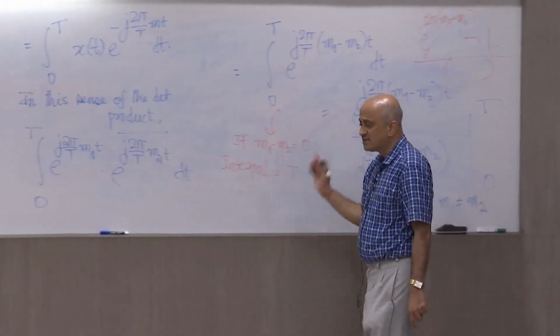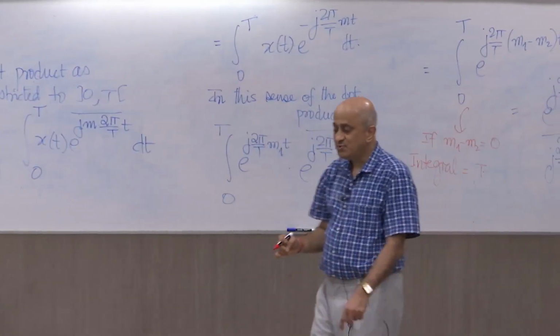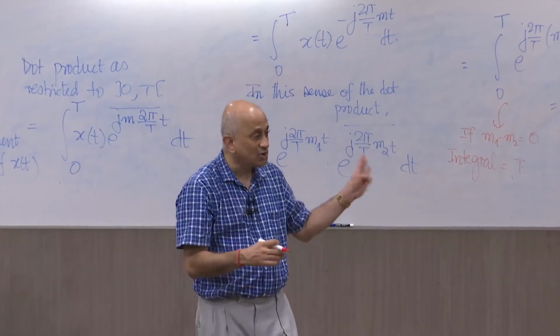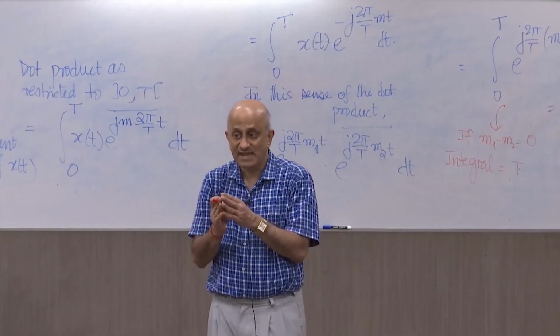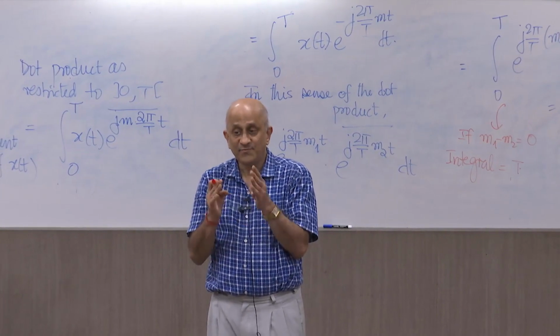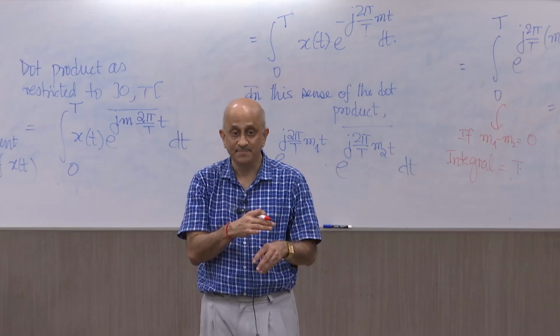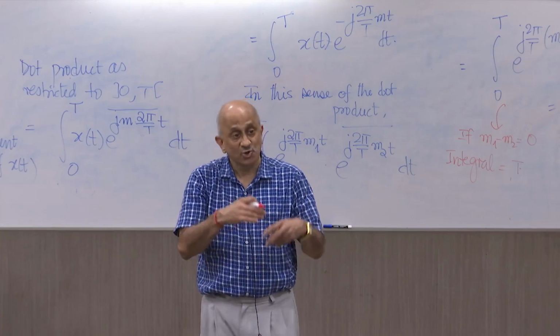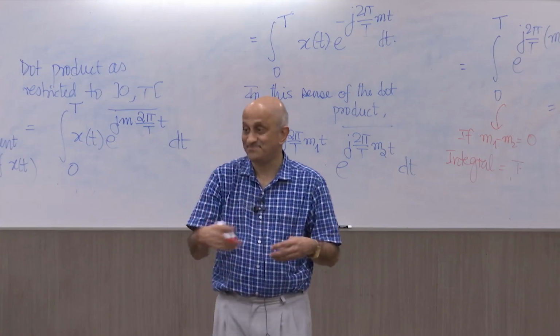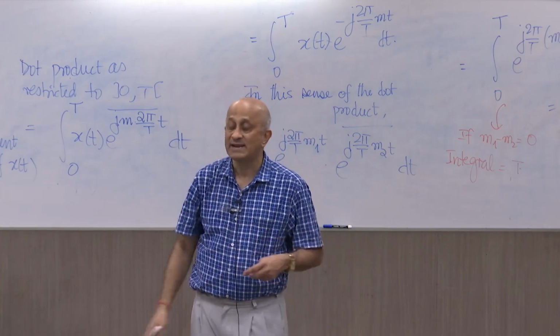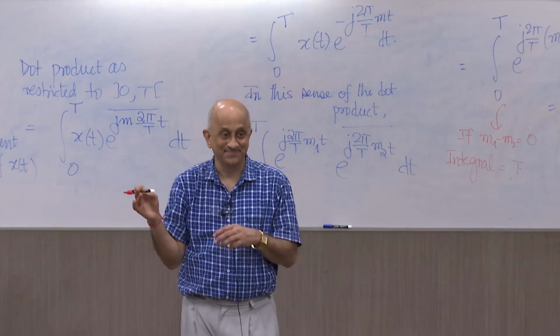In fact, this is not surprising. What you are doing here is to integrate. When you take such a dot product of two phasors, both of which have a multiple of this angular frequency 2 pi by T, then that dot product itself is a phasor. It is the rotation of a phasor on an integral number of cycles.